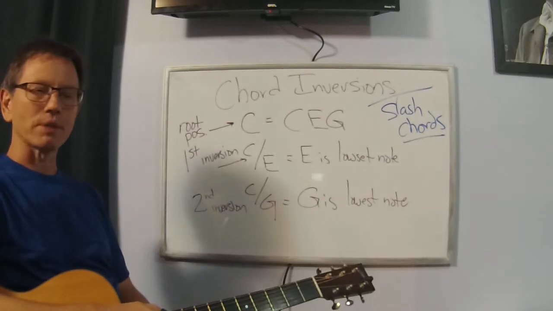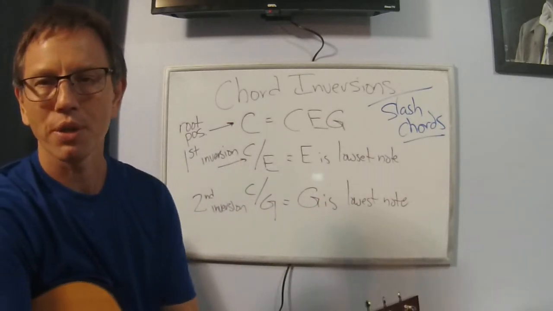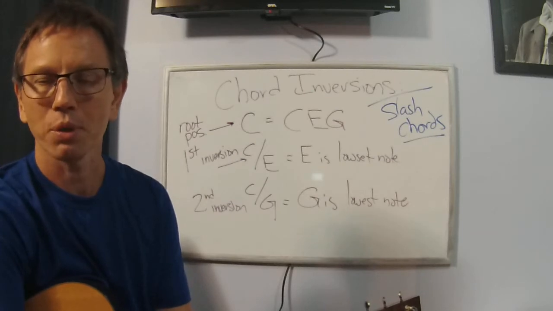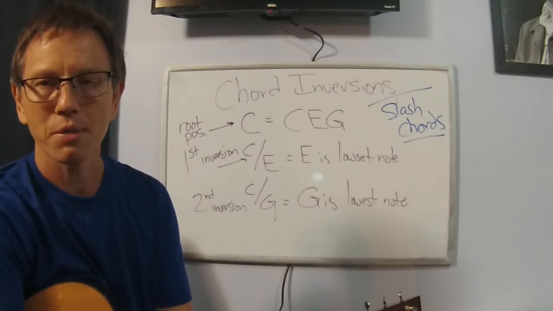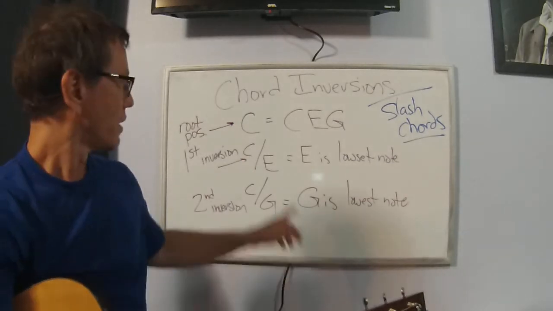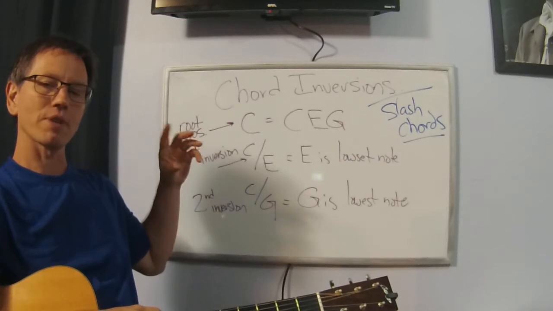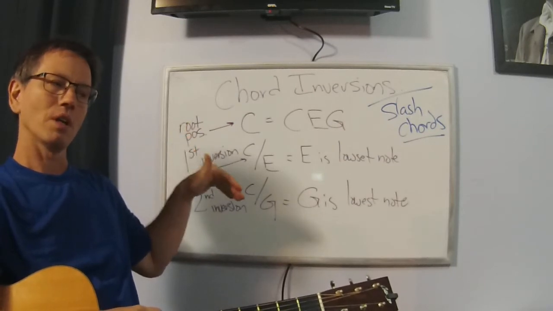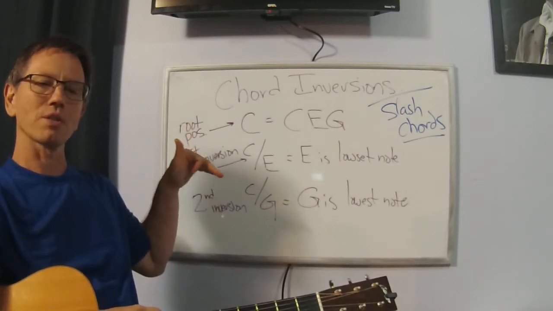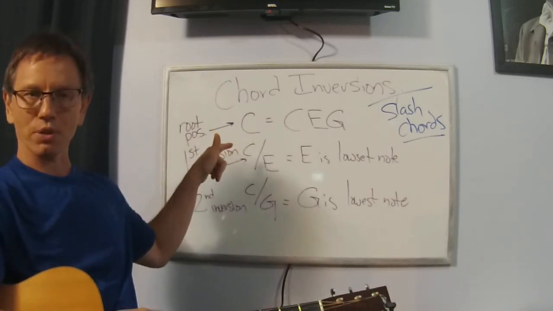Now what can happen, and what does happen, is other instruments can play those lower notes, like a piano player or a bass player. So if you're strumming away on guitar, those other instruments may move around. It's pretty common for them to start playing different melodic lines or different notes of the chord, and so they may be the ones inverting the chord.